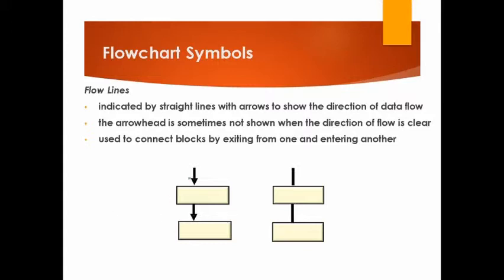This one, the arrowhead, is sometimes not shown when the direction of flow is clear. So, it is used to connect blocks by exiting from one and entering another. So, this is a no-no. I want you to make sure to use an arrow so that I know what the next operation is.